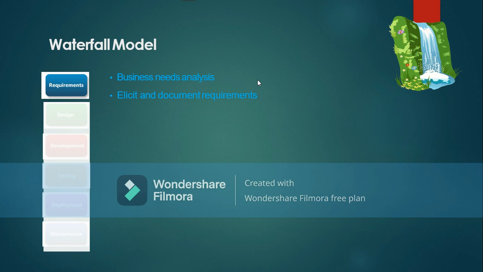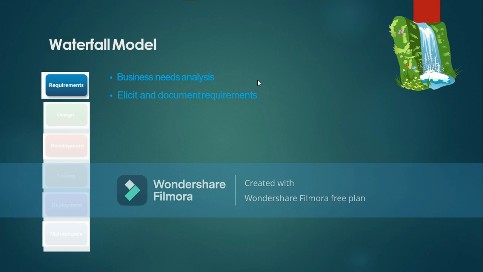And if we talk about each phase of it, we start with requirements. Here the main thing is we are trying to analyze what the ask of the business or stakeholders is, who are the people coming up with the requirement of something new.